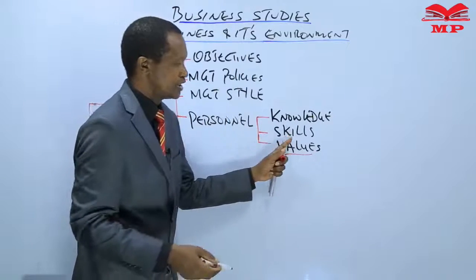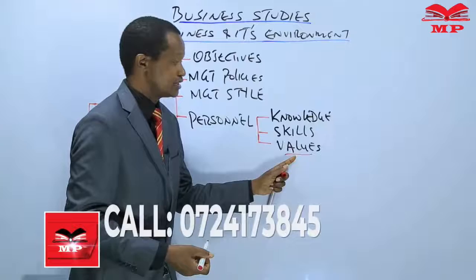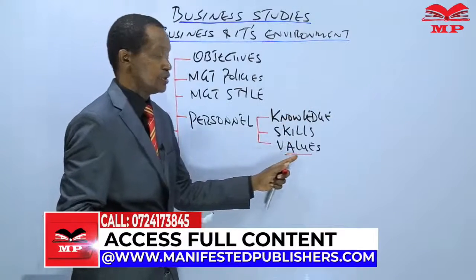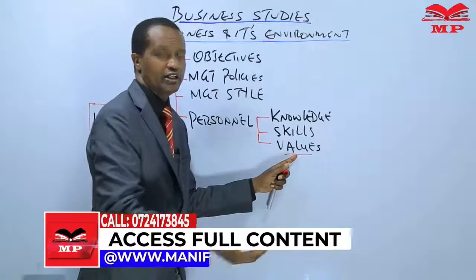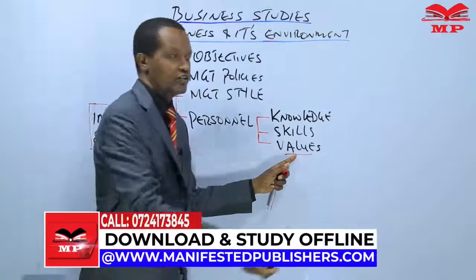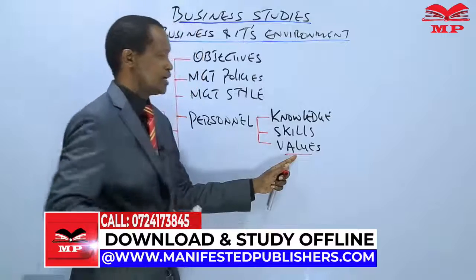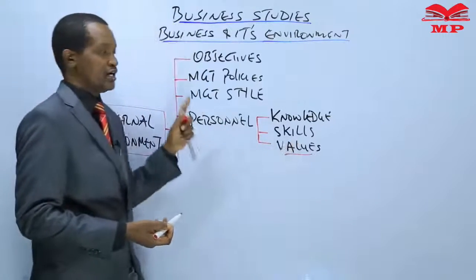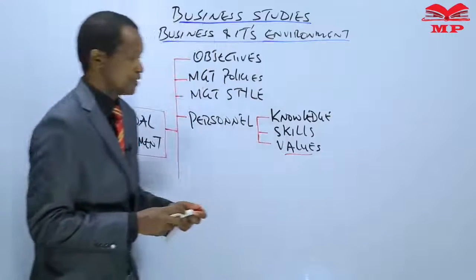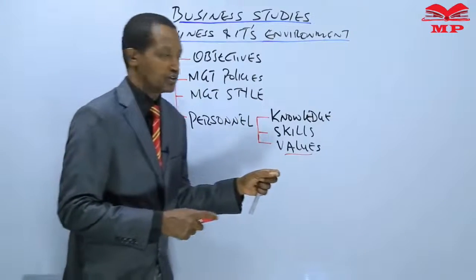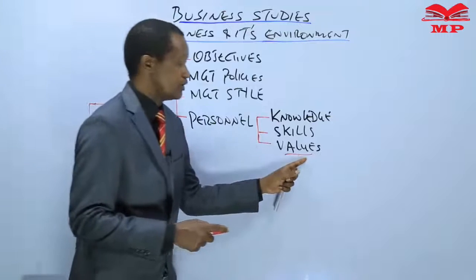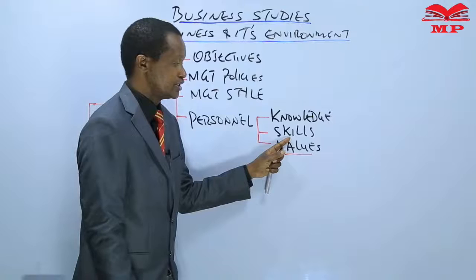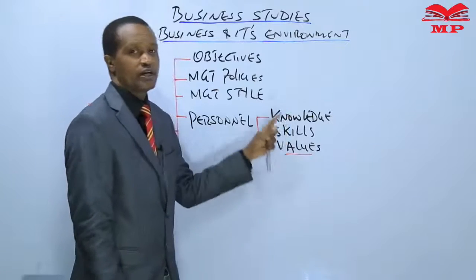Because you may have people who have skills, but people who have bad manners will not help the company to improve. Values are things like hard working, the culture. If employees have a culture of hard work, then that will positively affect the performance of the company. So that's very important, learners, especially the core values. It's sometimes important to consider core values first before skills. All these have to go hand in hand.